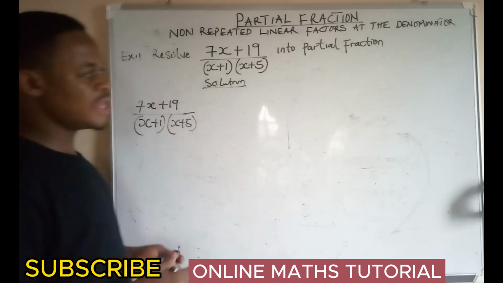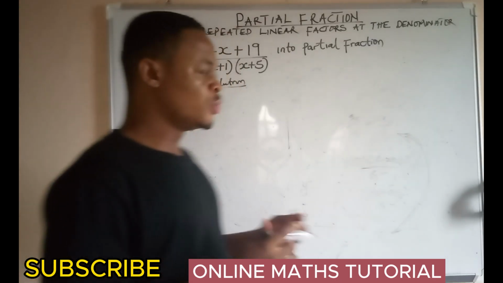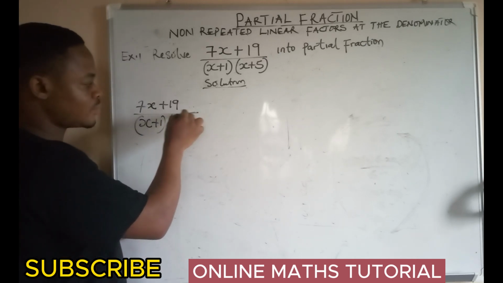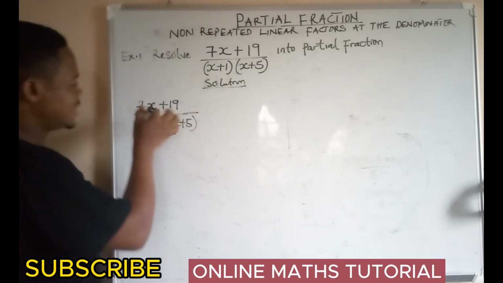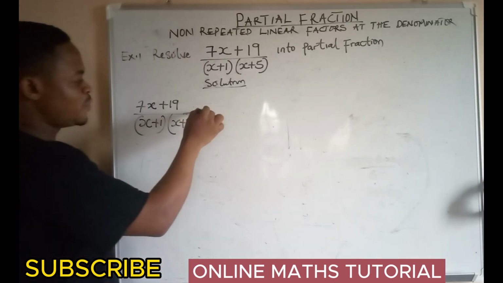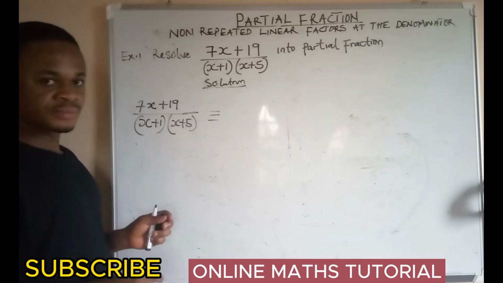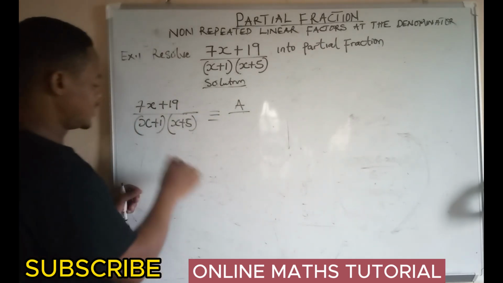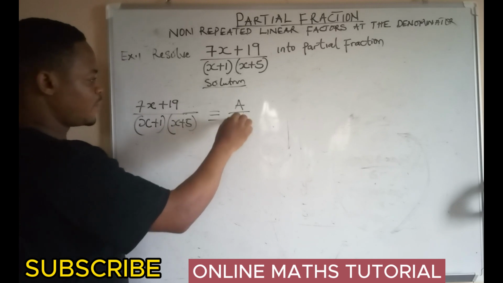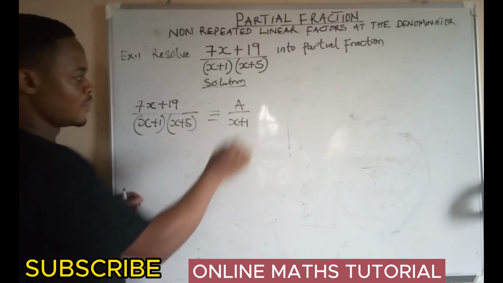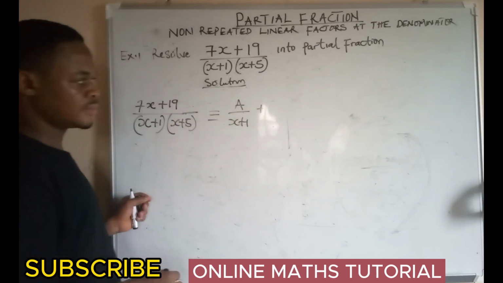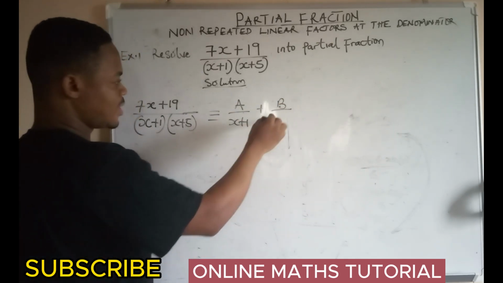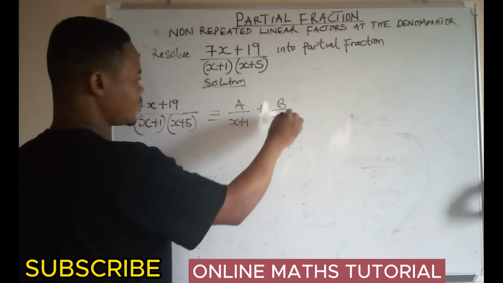What we do here is to assume that this fraction will be broken down into two parts. So to break it down, it should be equivalent to A all over x plus 1 plus B all over x plus 5.